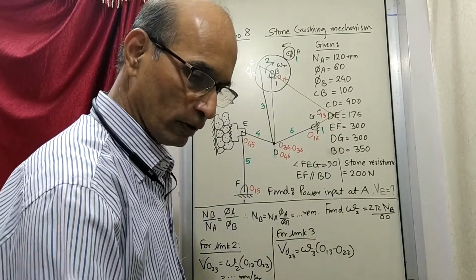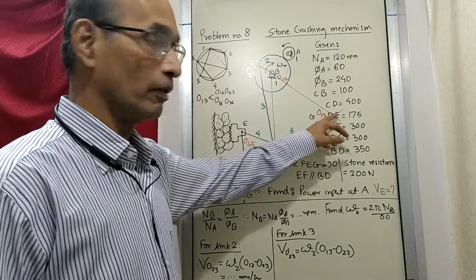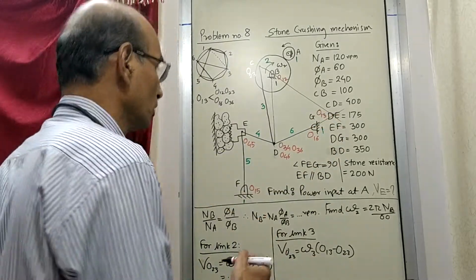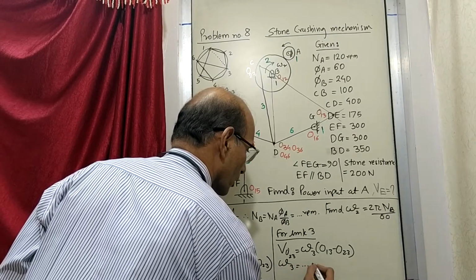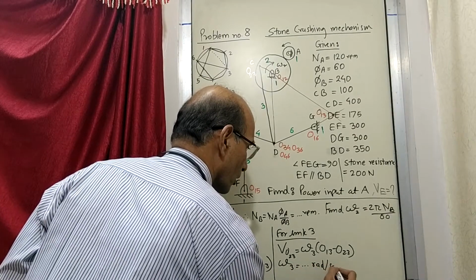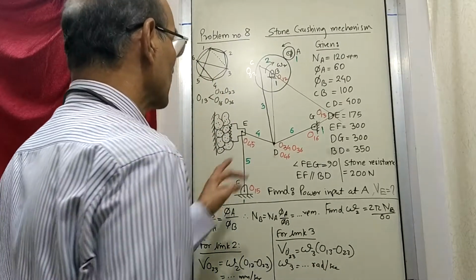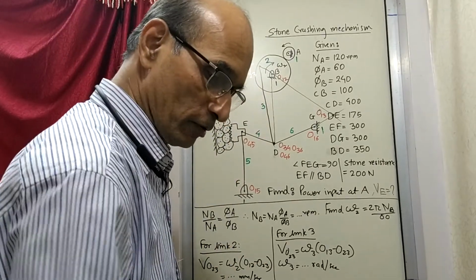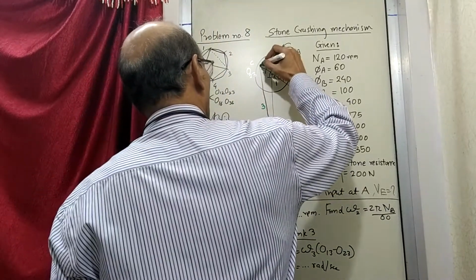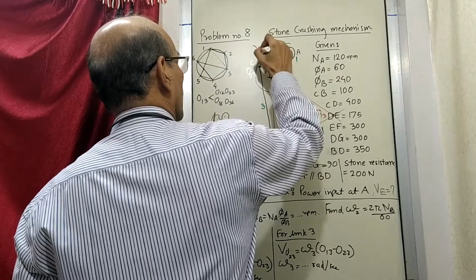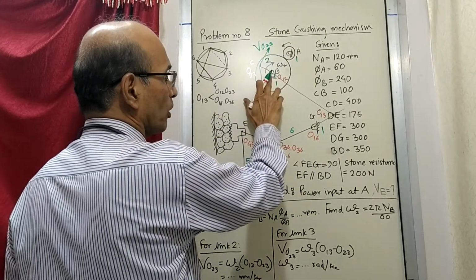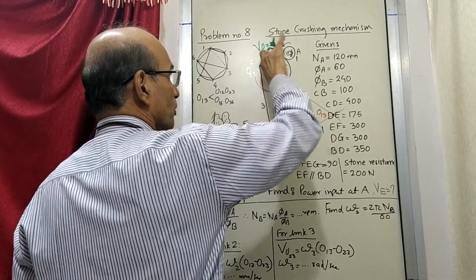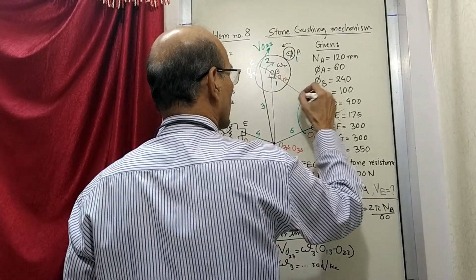So knowing point O13, now we can go ahead and find out the omega 3. So omega 3 will be equal to, now see this velocity we have found out, velocity of O23. So this is same whether it is rotating about 1, 2 or about 1, 3. So for this velocity you get omega 3 like this.